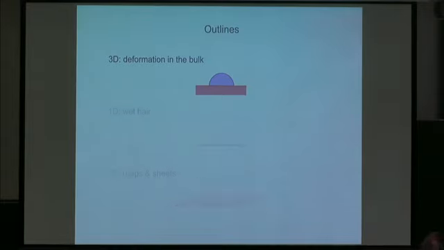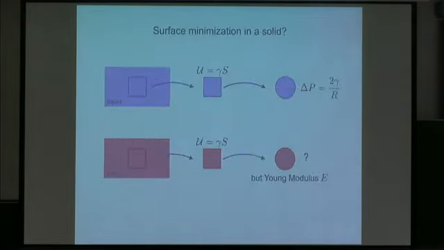So I would like first to start with the 3D case. You know that when you take a chunk of liquid out of a liquid bath, for instance a cube or whatever, you need to create some interface that costs a certain energy. This energy is proportional to the area that you're creating. You can deform this liquid, and usually it will get deformed in order to minimize this energy.